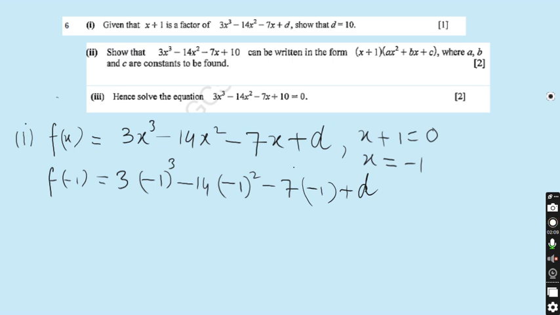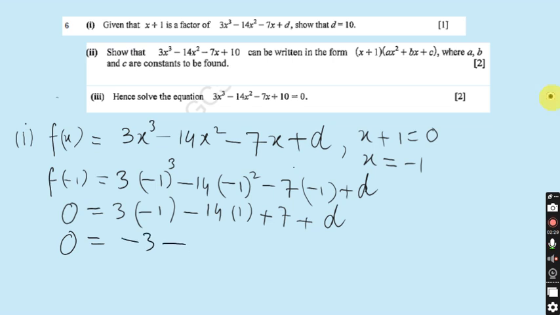So replace f of minus 1 by 0, which is equal to 3 times minus 1 cube, which is minus 1, minus 14 times minus 1 square, which is plus 1, minus minus plus 7, plus d. 0 is equal to 3 into minus 1 is minus 3, minus 14 plus 7 plus d. 0 is equal to minus 3 minus 14 is minus 17, minus 17 plus 7 is minus 10, plus d.